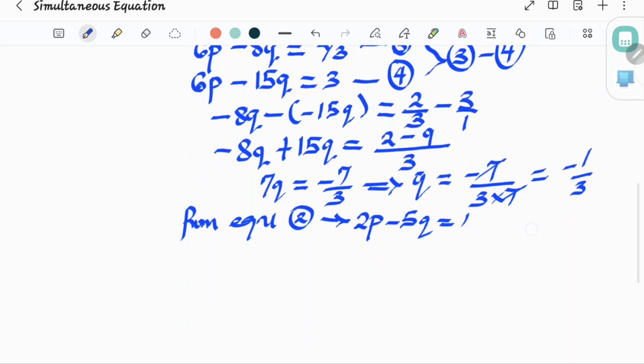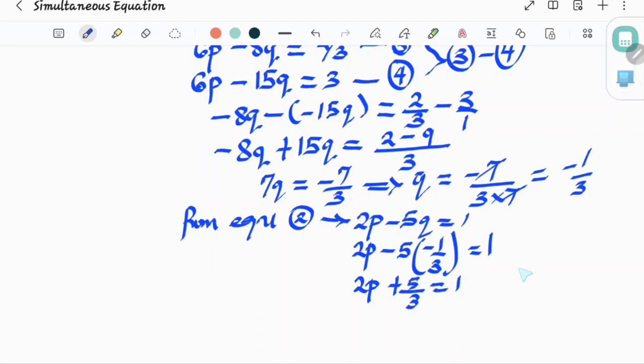So if we decide to substitute our q equals negative 1 over 3, we have 2p minus 5 multiplied by minus 1 over 3 equals 1. All right, so from here we have 2p plus, negative times negative, that's 5 over 3 equals 1.